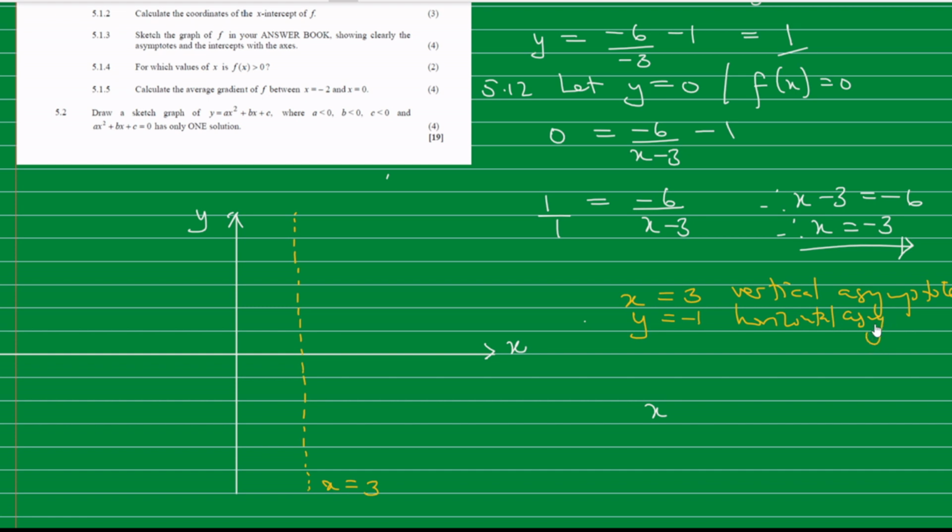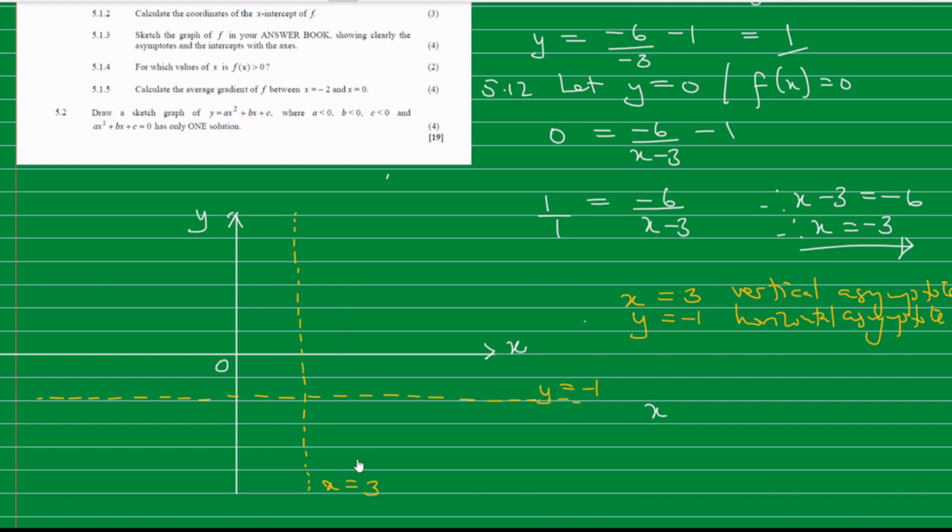This line is somewhere here. Okay, so that's where we are, and our x-axis is 0, and this is the line y is equal to negative 1. y is equal to negative 1.